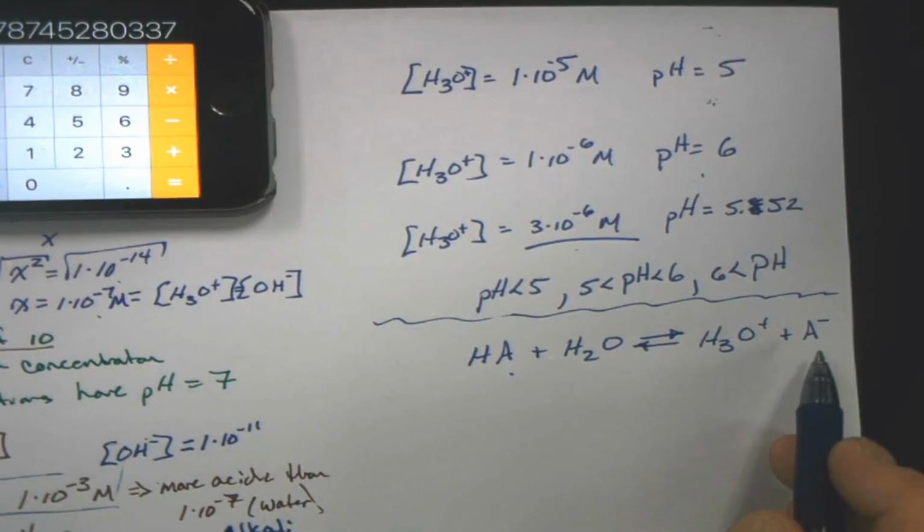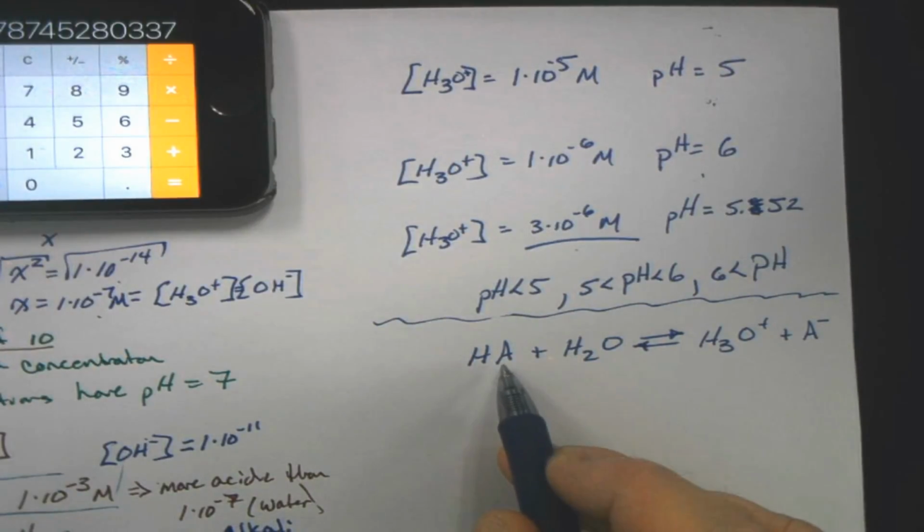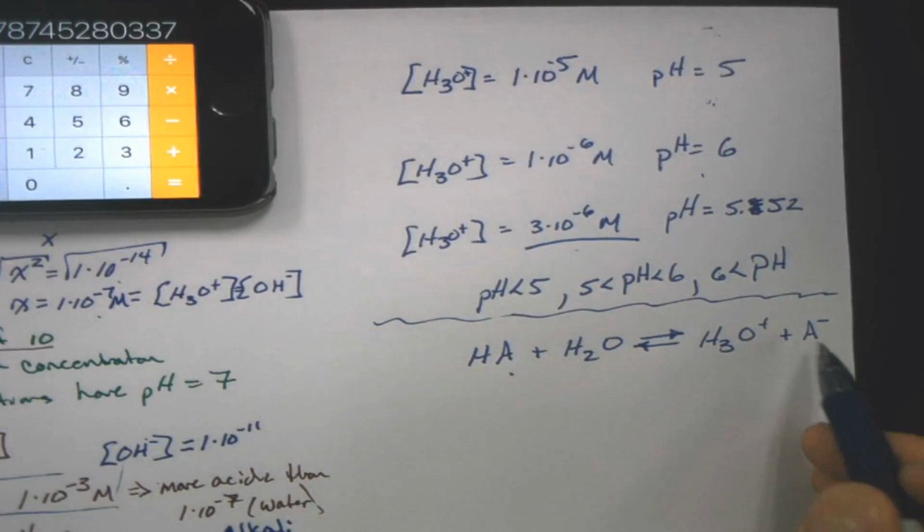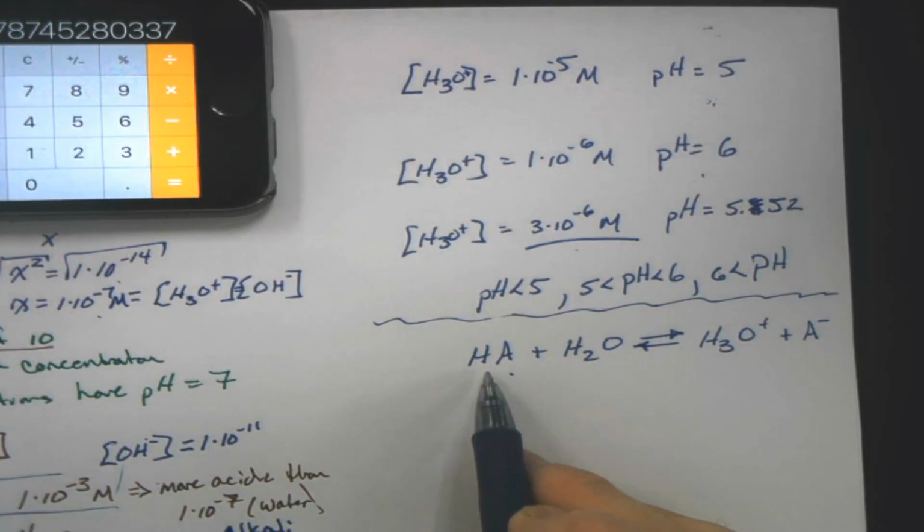HA stands for the acid with the hydrogen on it. It's like acid X. We're just calling it A, and A minus is the conjugate base, and HA is the acid.